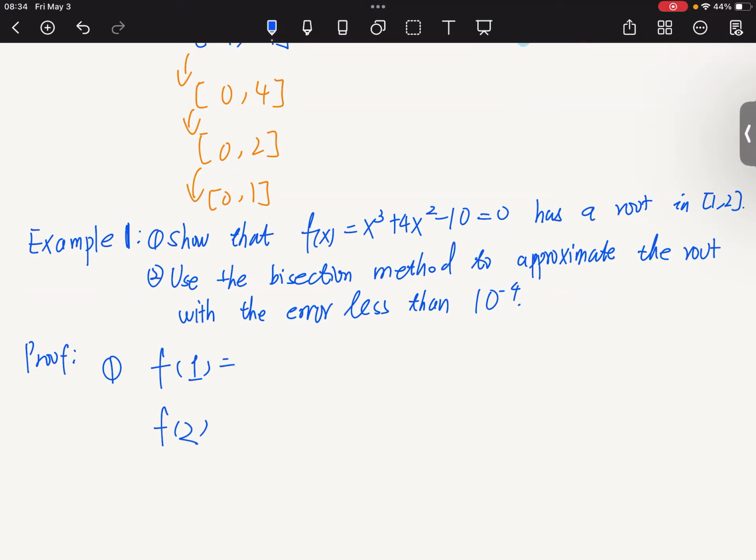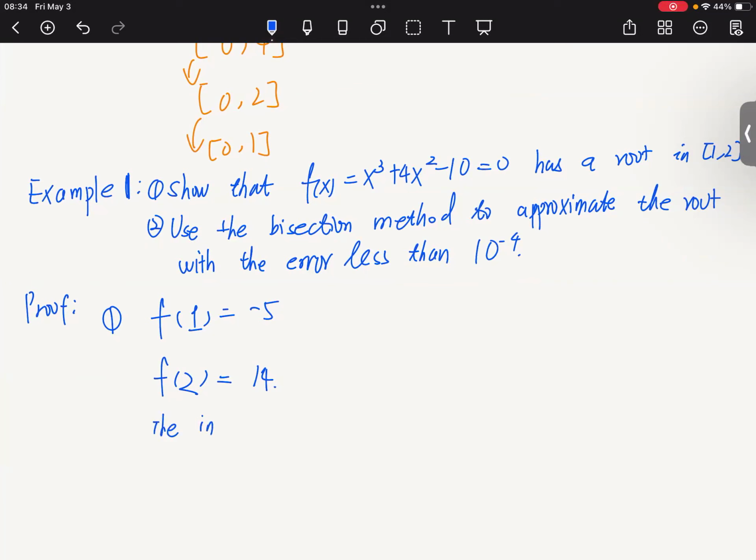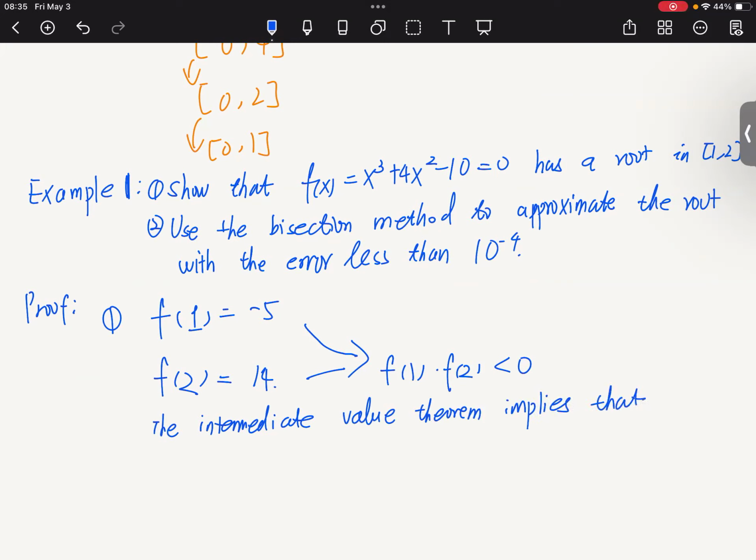If you do the plotting with your calculator, f(1) equals -5 and f(2) equals 40. So here we have f(1) times f(2) is smaller than 0. This means that they have opposite signs, and the intermediate value theorem implies that we have a root in the interval A and B, that is 1 and 2 here.